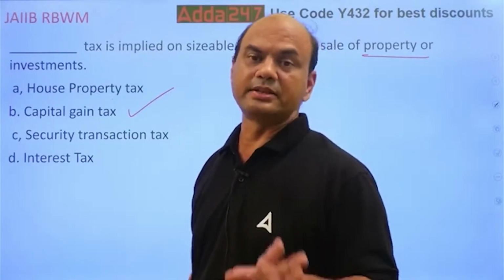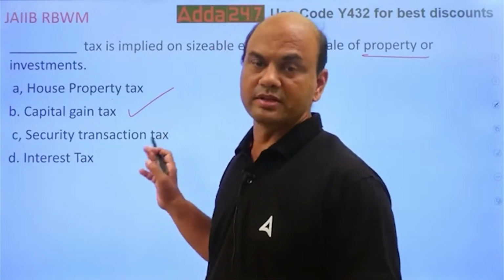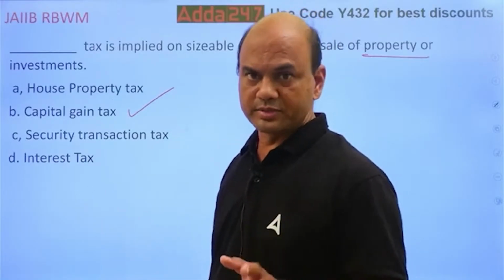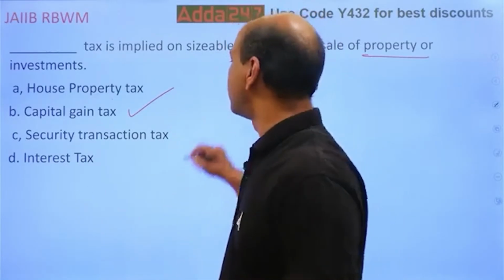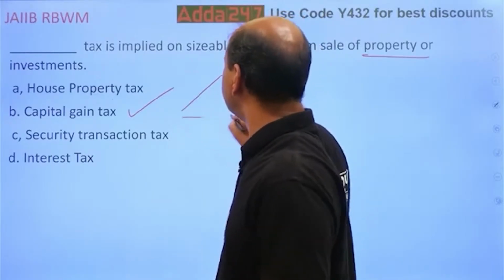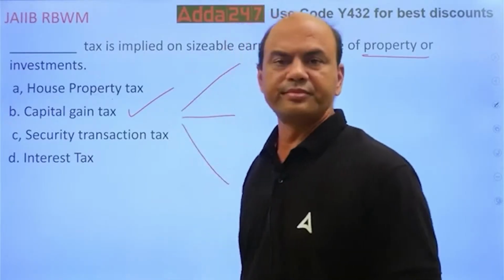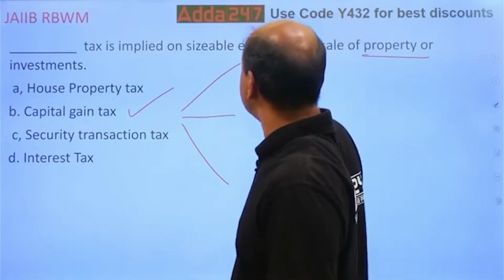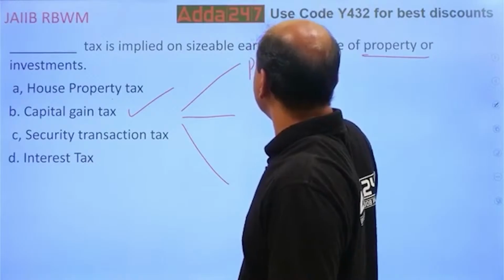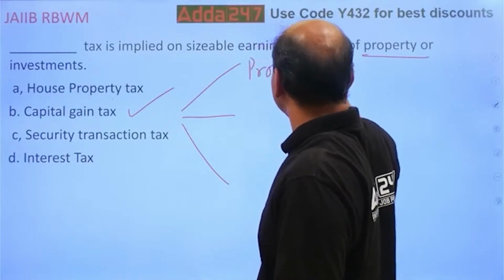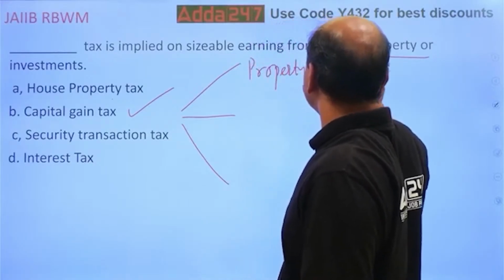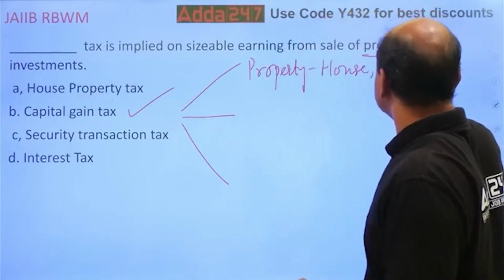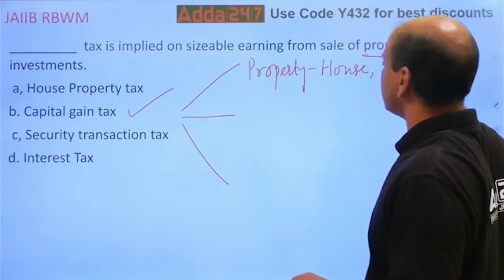Capital gains tax is applicable not only on housing, it's applicable on many things. It is applicable to mainly 3 parts. Sale of property: property means property, it can be a house or a shop, but not the agri land.